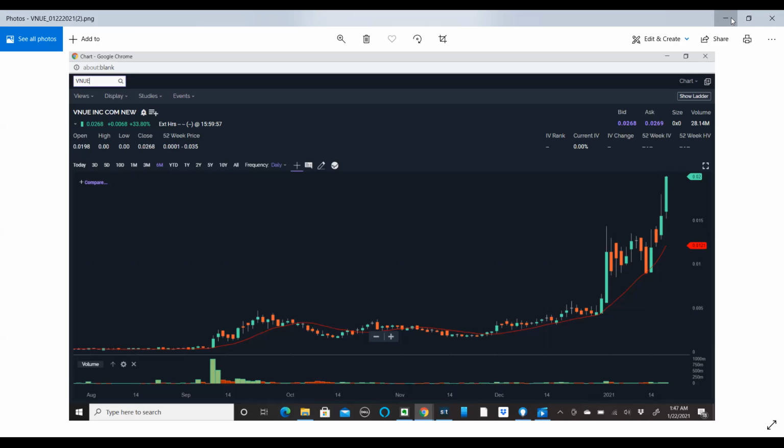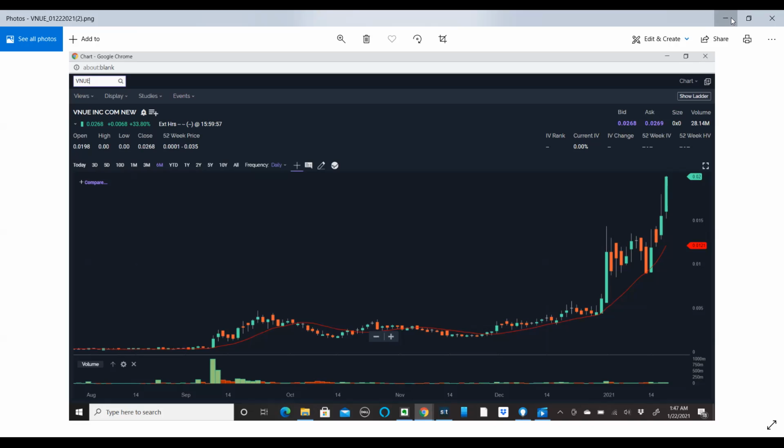Is this stock displaying, let's go back right here, is this stock a recent runner or supernova, or is it a former runner or supernova? Let's go back to the graph, the chart.